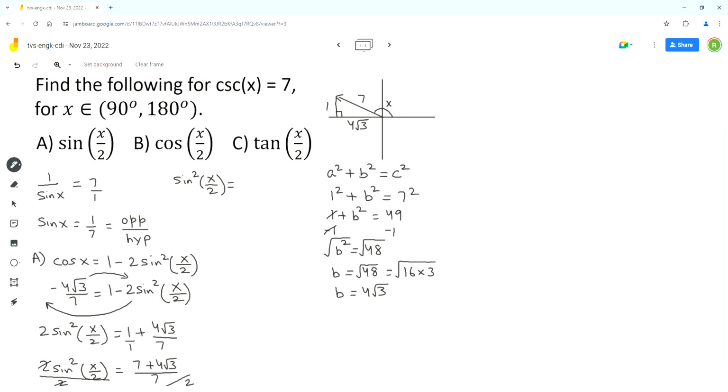So we can write it as a division statement. Now we can change it into a multiplication statement. The denominator of 2 is 1. We can change it into a multiplication statement by flipping the fraction 2 over 1 to 1 over 2.